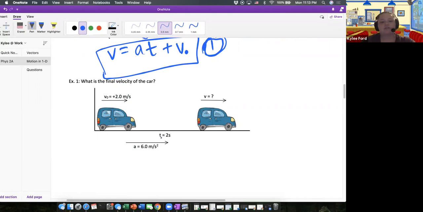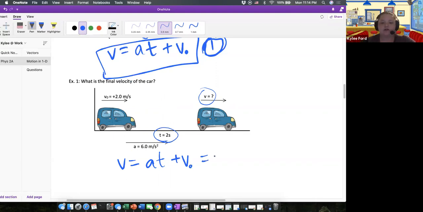So after t equals 2 seconds, what is going to be our velocity? What is our final velocity of this car? Now we can use this equation that we just derived to figure this out. So our final velocity equals acceleration times time plus our initial velocity.